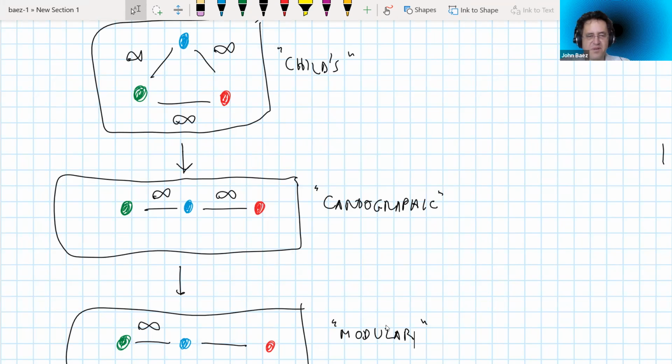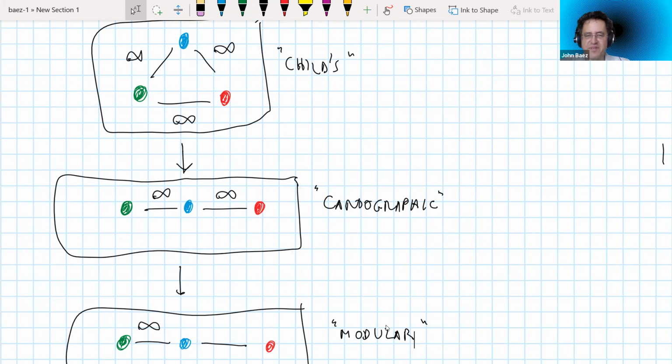Are the 5 elements in that picture you had before, A, B, C, D, E, are we supposed to be thinking of those as fibered over 0, 1, and infinity, over that 3-element set?